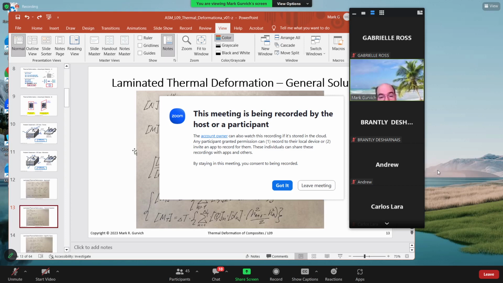So this kind of equation in matrix format is called the generalized classical laminated theory, to take into account thermal expansion. We added an extra component here.